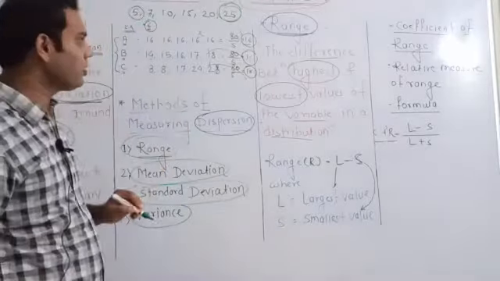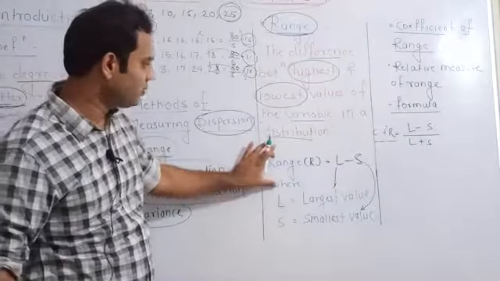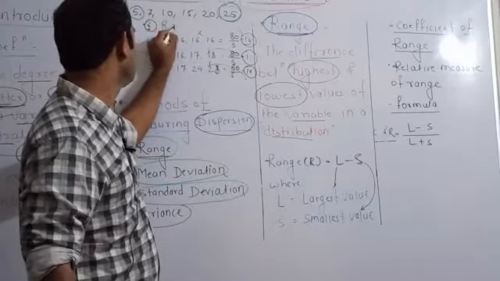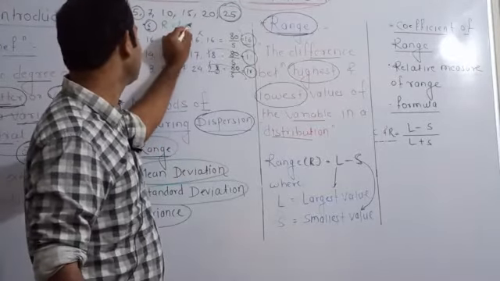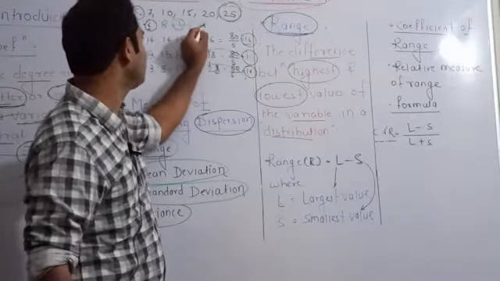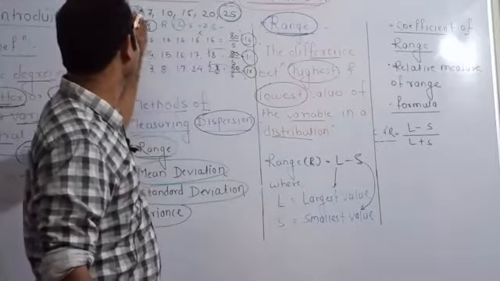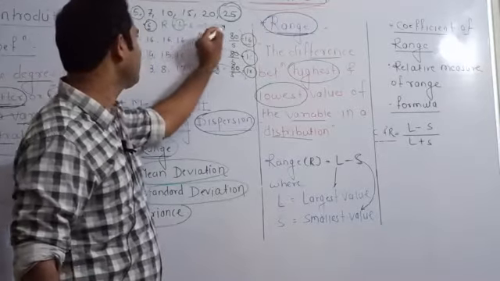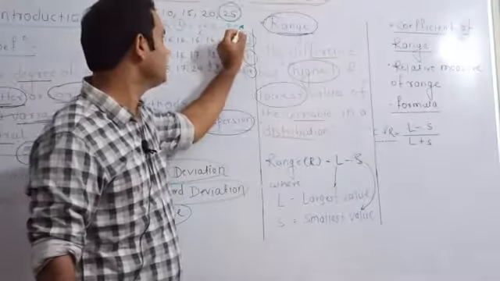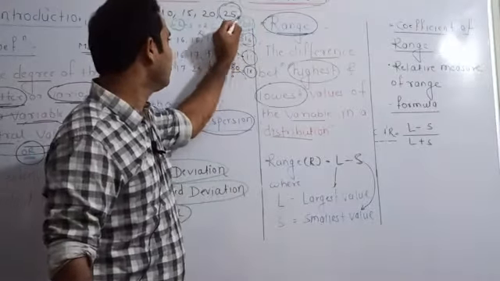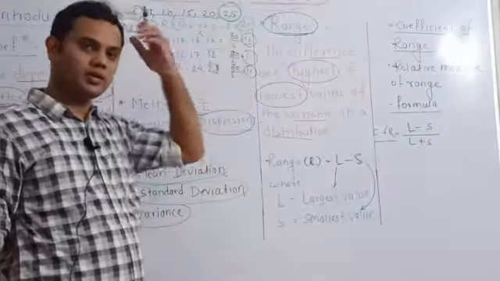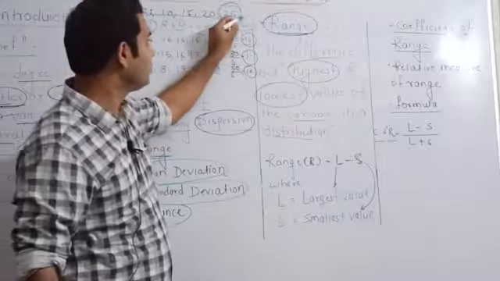Okay, so if we put the values in the formula, it is very simple. Range is L - S, where L is your largest or highest value, 25, minus S, your smallest value, that is 5. So the range becomes 25 - 5, which is 20. For the given set of data, the range is 20.